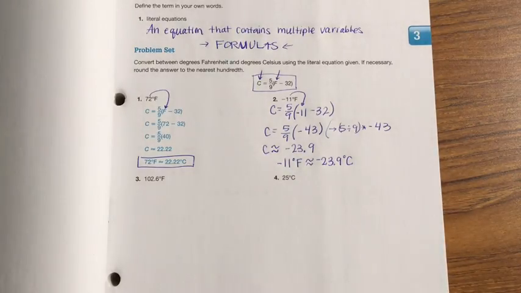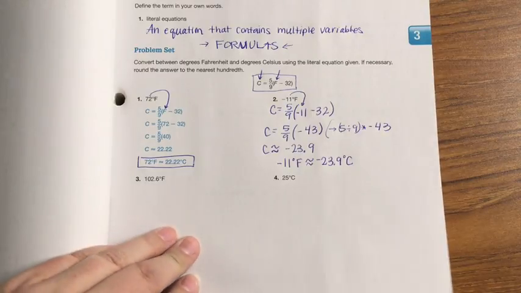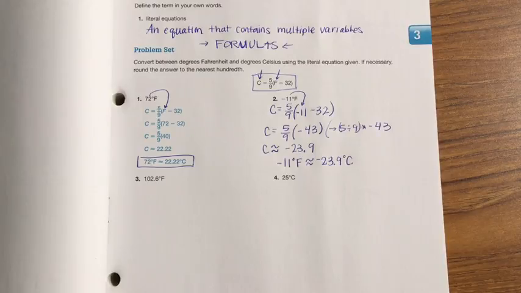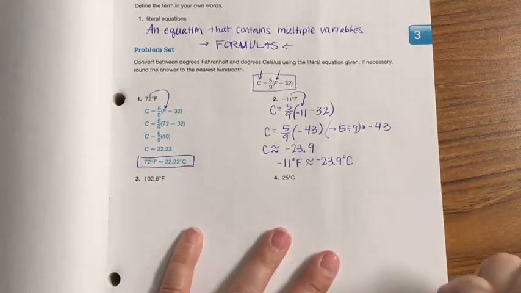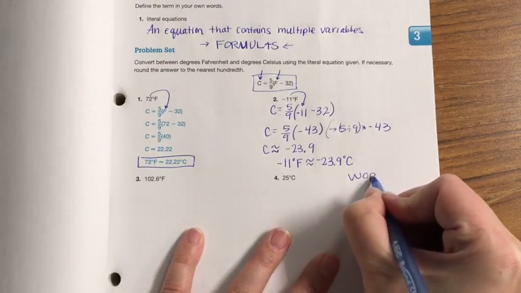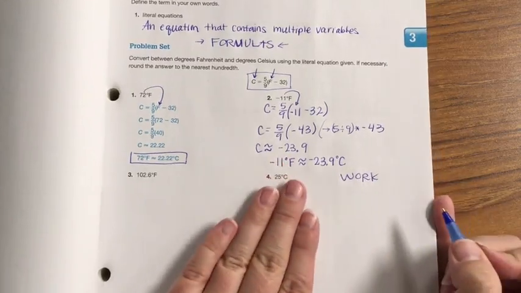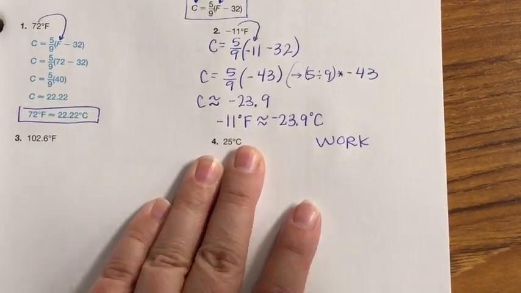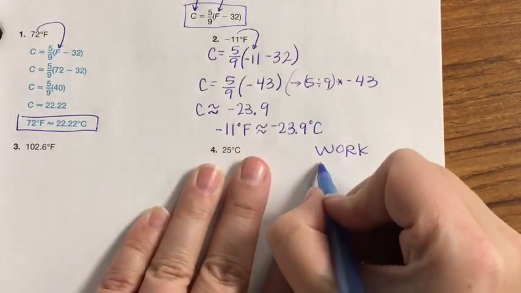So what I'm going to do is I want to make this as easy as possible. So we're going to do some work that's going to be useful. This is going to be our work. We're not going to do it right underneath here. We're going to do some work that's going to be useful for later stuff. So first I'm going to write down the formula.